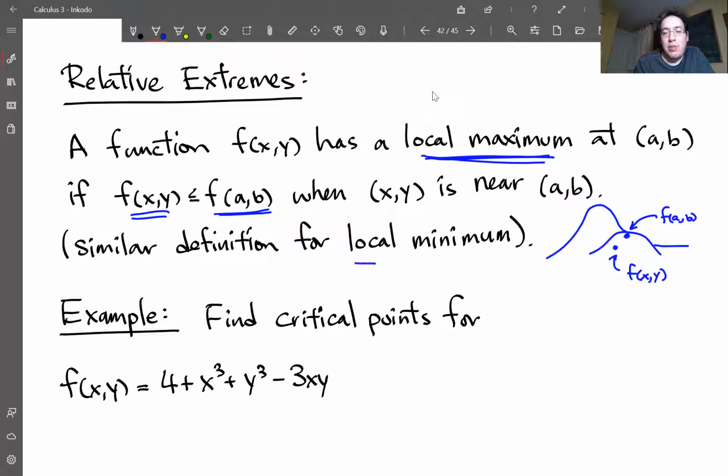There's a similar definition for a local minimum, where there's a small valley. It doesn't have to be small, but if you look at a point, it's the lowest point compared to all nearby points. Those are local minimums.